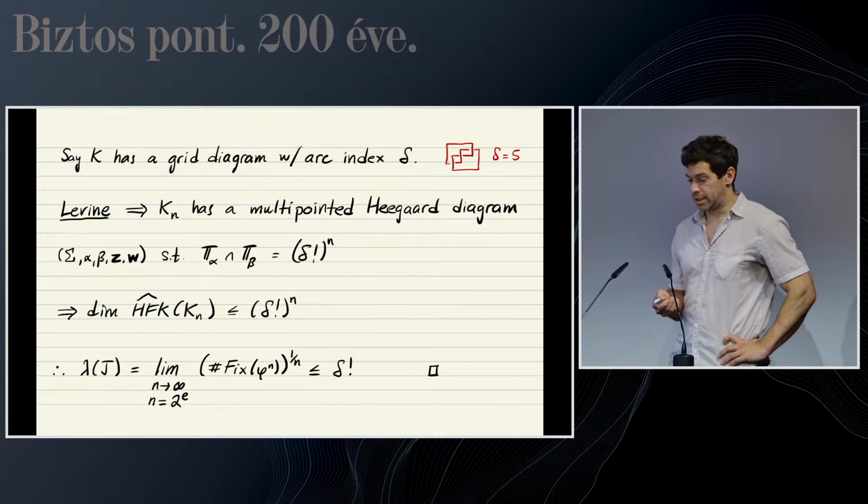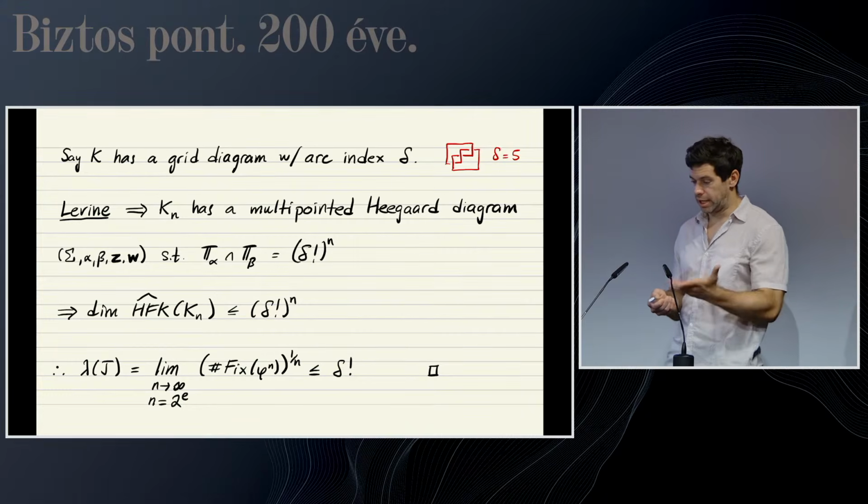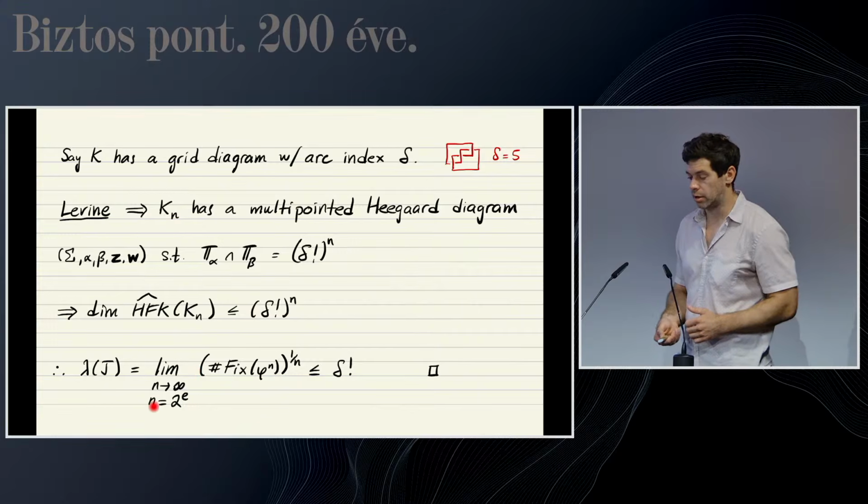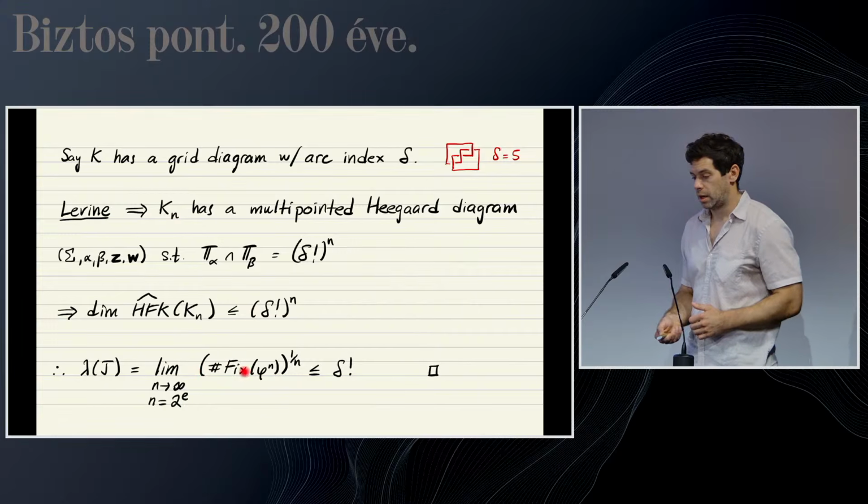And so if we put all these things together, then we see that the dilatation, right, we could describe it in terms of this limit, and we might as well take this limit along powers of 2. And the term that goes inside here, we bounded on the previous slide by the dimension of the knot Floer homology of K at the n.